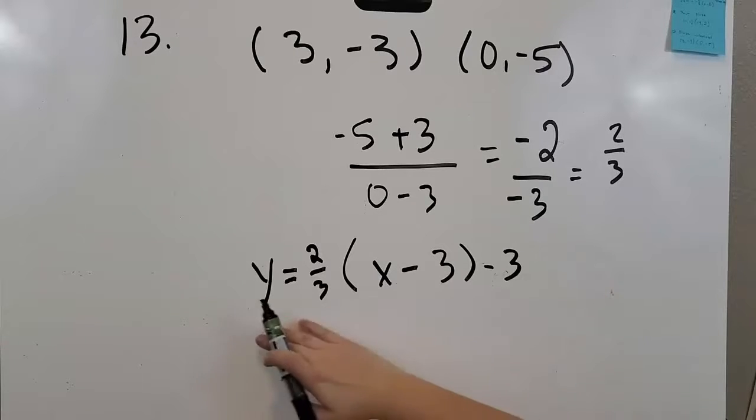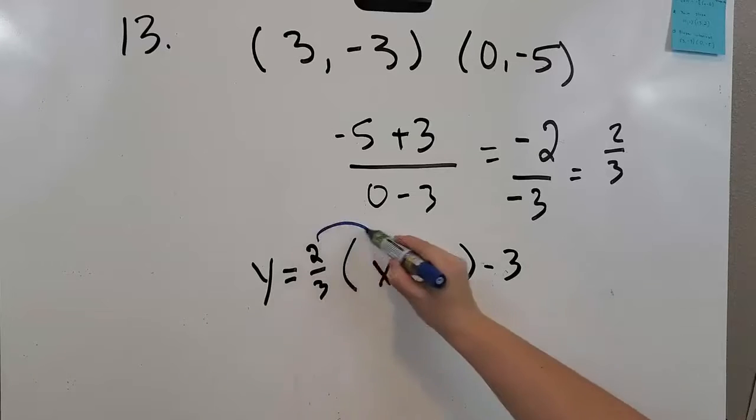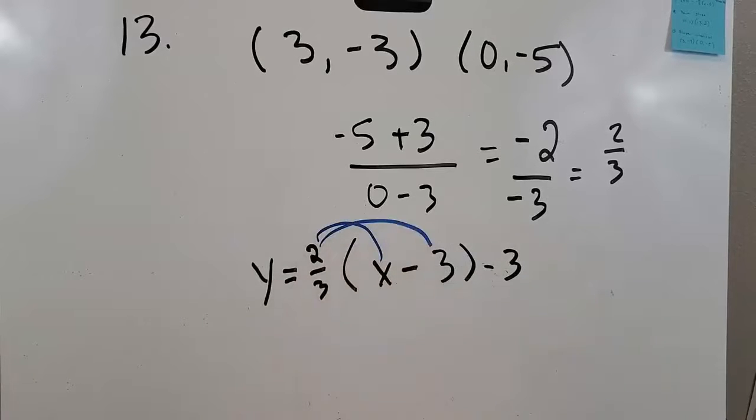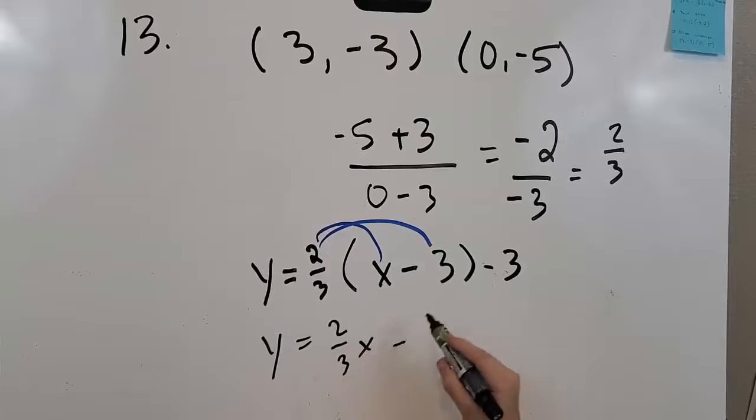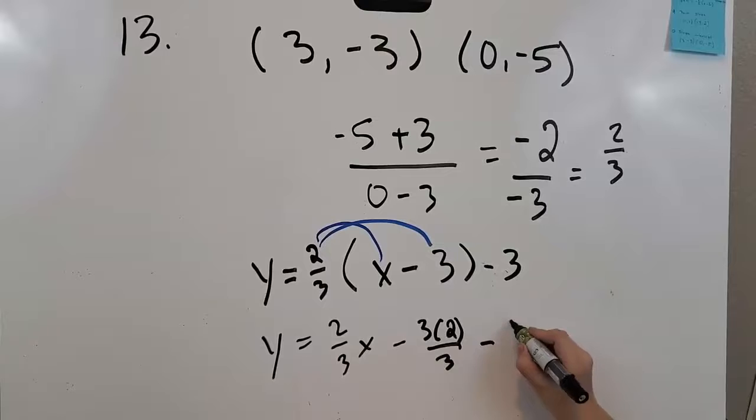What I'm going to do is solve for y by distributing 2/3 times x and 2/3 times negative 3. That gives me y equals 2/3 x minus 3 times 2/3, minus 3.